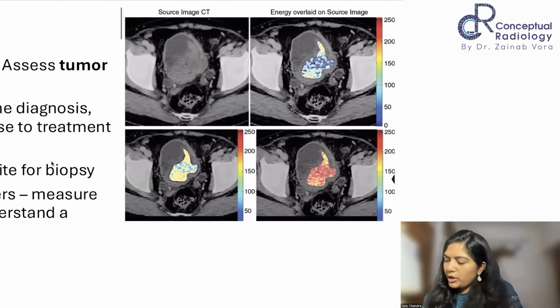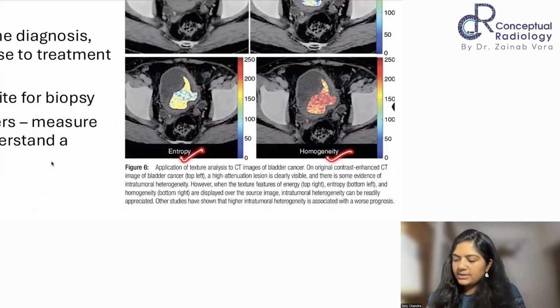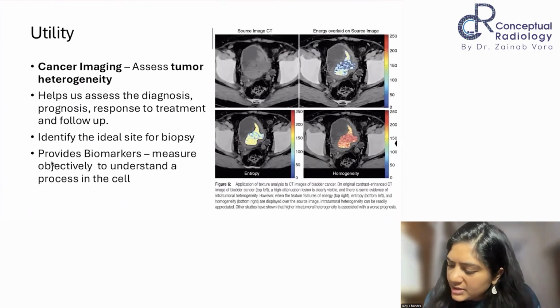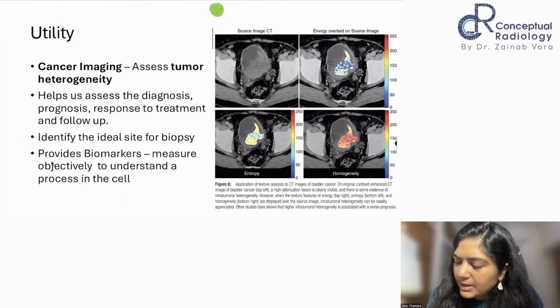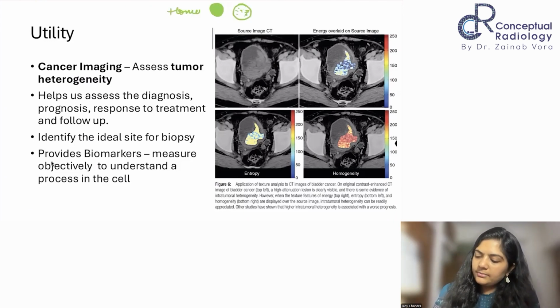Okay. So for example, here, using certain mathematical features like entropy or homogeneity, right? We use the words heterogeneous and homogeneous, right? So what does homogeneous mean? Homogeneous means that everything is uniform. It's very similar to each other. Whatever is here is also there. But heterogeneous is more like, this is how it is. So this is homogeneous and this is heterogeneous.